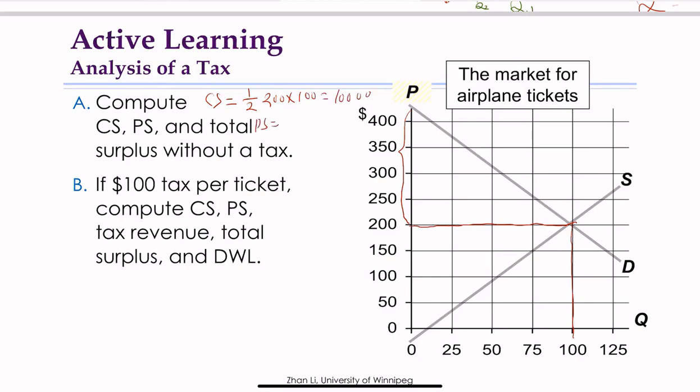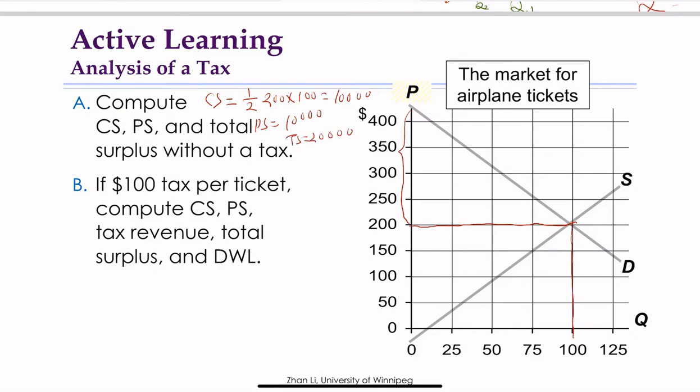And producer surplus is 1/2, again, the height is the same, base is the same. So you can see that producer surplus is also $10,000. In the case of no tax, total surplus equals consumer surplus plus producer surplus. So total surplus equals 20,000.